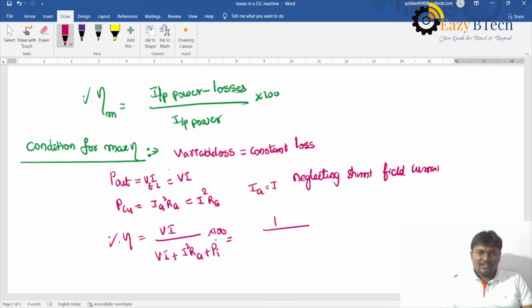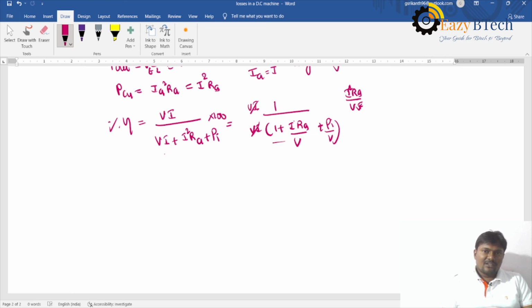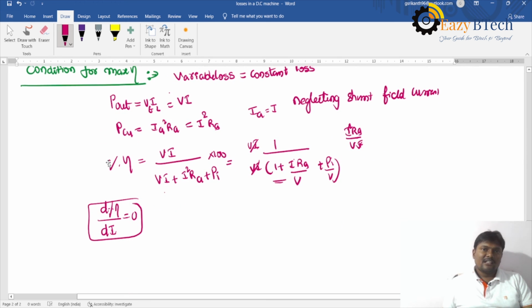Then VI is taken as common on both sides and cancelled, giving 1 divided by 1 plus I Ra by V plus iron losses by VI, because I square Ra divided by VI gives I Ra by V. Now differentiate this equation with respect to the variable: d eta by dI is equal to 0. Then I will get the condition for maximum efficiency of a DC generator.